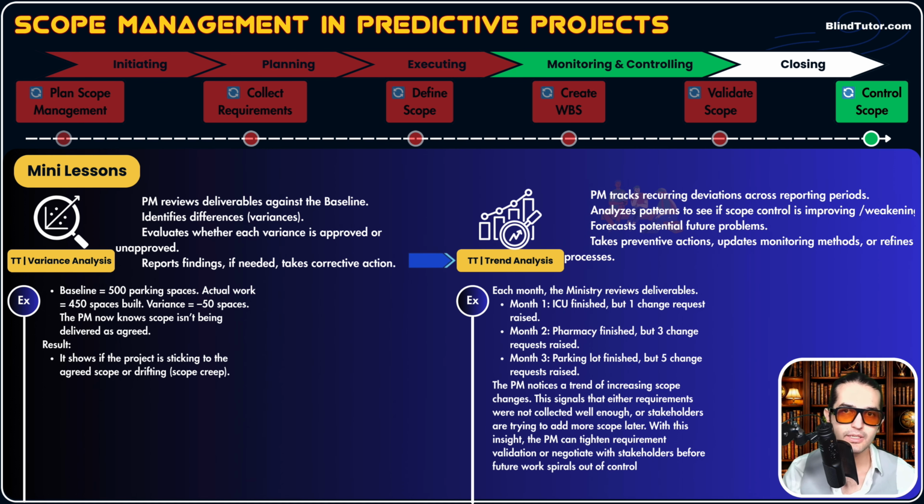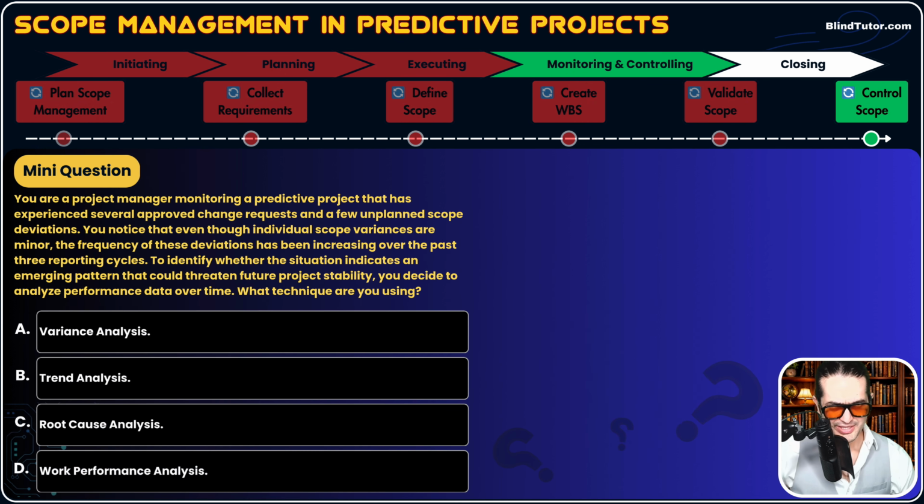Now, let's see what type of question you may get from variance analysis and trend analysis on your PMP exam. Let's get it done. Mini question. You are a project manager monitoring a predictive project that has experienced several approved change requests and a few unplanned scope deviations. You notice that even though individual scope variances are minor, the frequency of these deviations has been increasing over the past 3 reporting cycles.